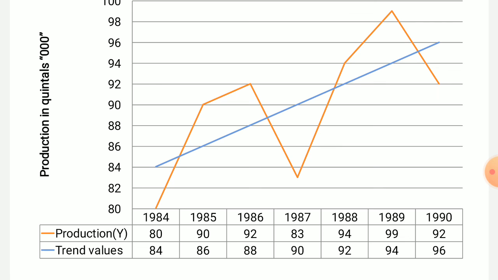Afterwards, a trend line is to be drawn. In 1984 the trend value is 84, in 1985 it is 86, in 1986 it is 88, in 1987 it is 90, in 1988 it is 92, then 94, and in 1990 it is 96.